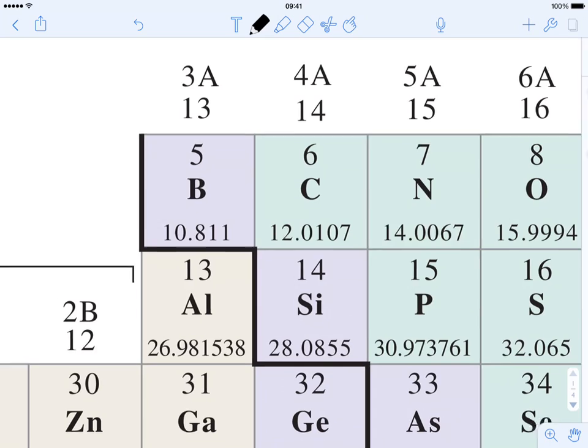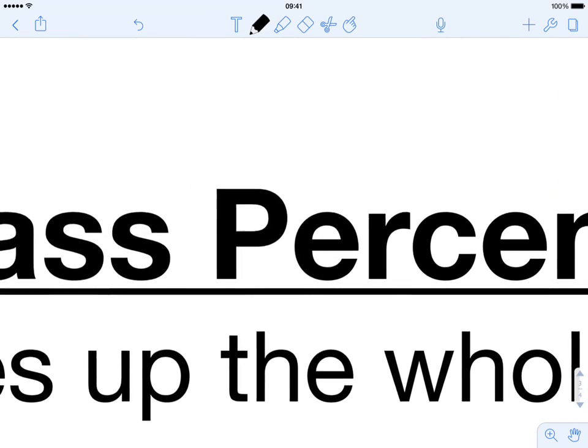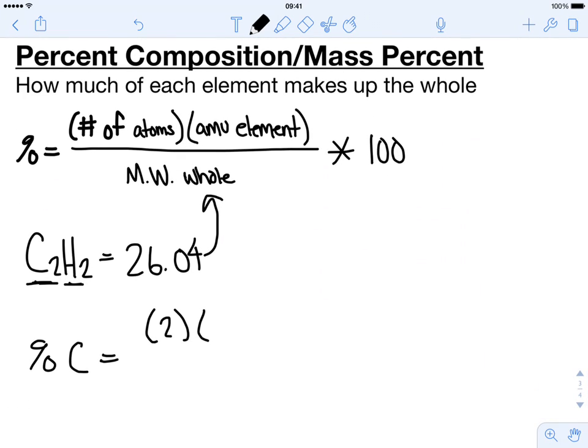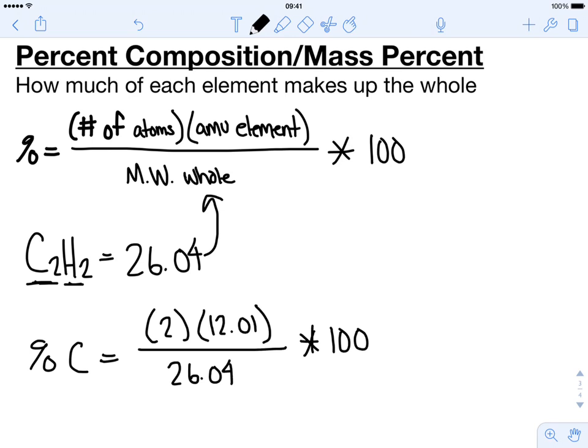So we do percent carbon is equal to, how many carbon atoms do we have? Well, we have 2. 2 times the molecular weight of carbon. Now if we go back up to our periodic table and we look at carbon, we see the molecular weight of carbon is 12.01. So we're going to put 12.01 right here.